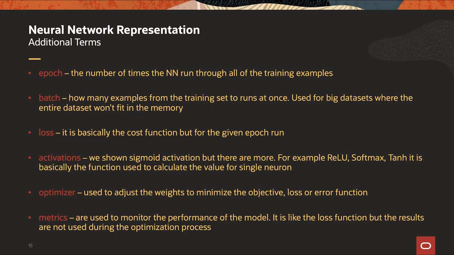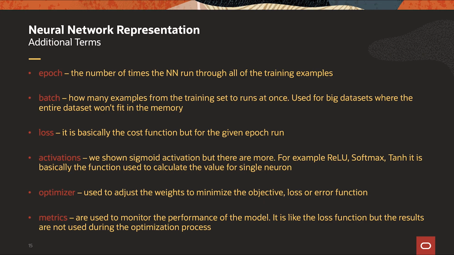So if we specify that our neural network has to run 10 epochs, this means we want our neural network to see the entire data set 10 times. We also have what is called the loss function, or cost function, which shows how far our output layer is from the desired output, or the labels information we have in the training set.